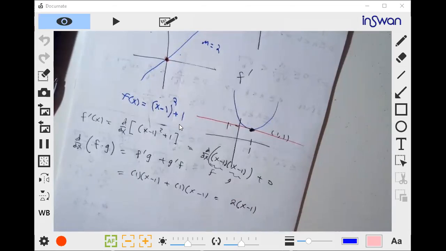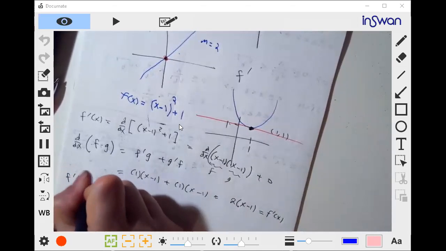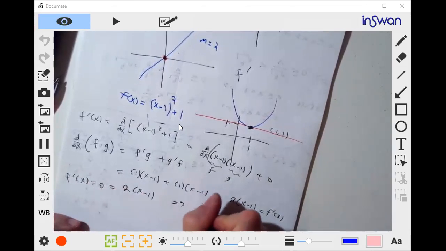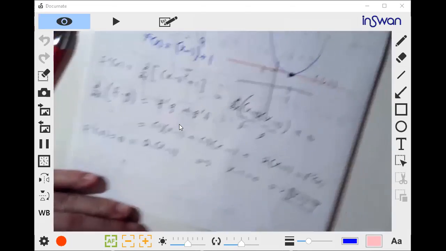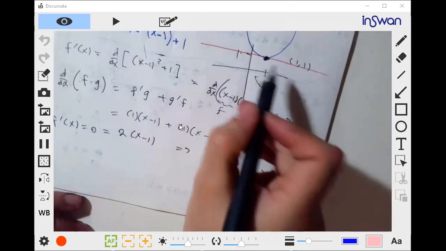Okay. So then this is our derivative. And we can set it equal to 0. That means we got 2 times x minus 1 equal to 0. Divide both sides by 2. We get x minus 1 is equal to 0. That implies x is equal to 1. Boom. So that gives us this part. But what about this part?